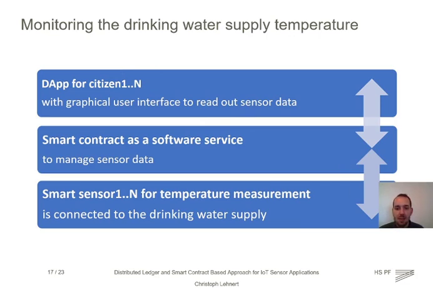The system of the smart sensor here consists of a temperature sensor which is connected to a Raspberry Pi. The Raspberry Pi is powerful enough to operate a light node in the Ethereum network with Node.js and Geth.